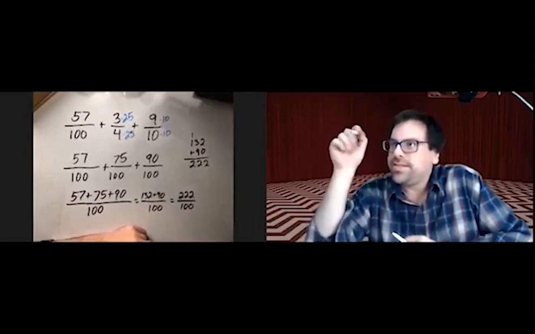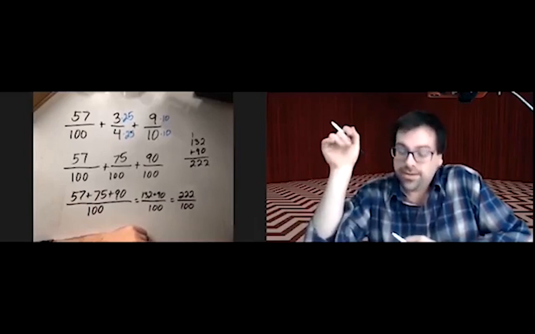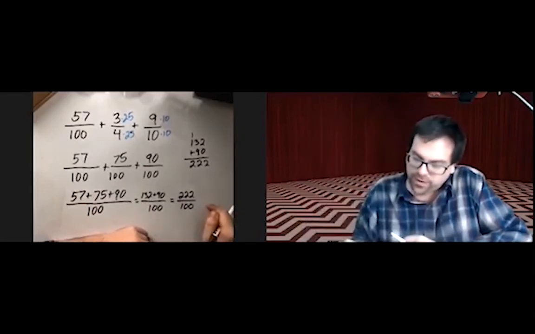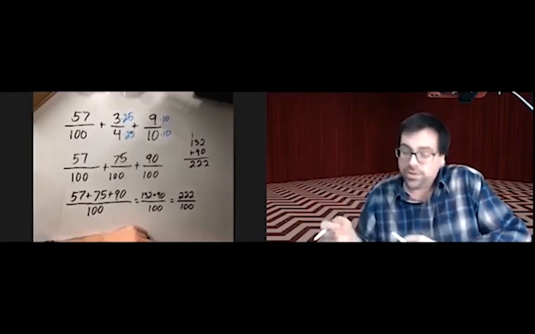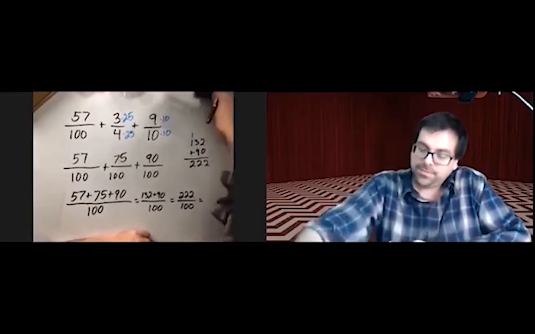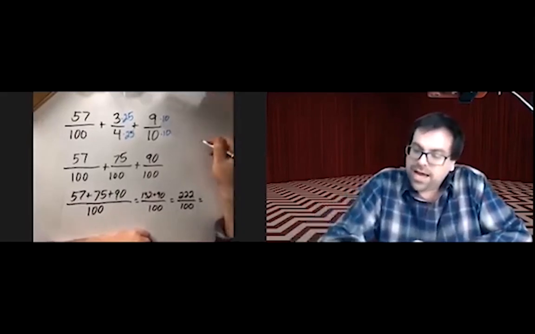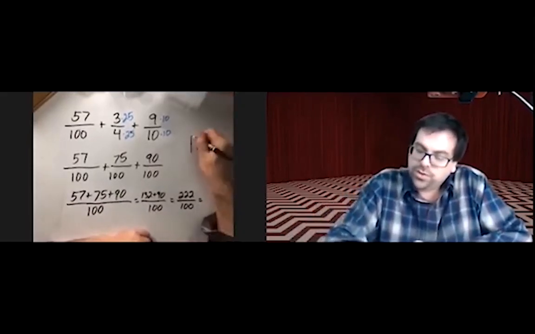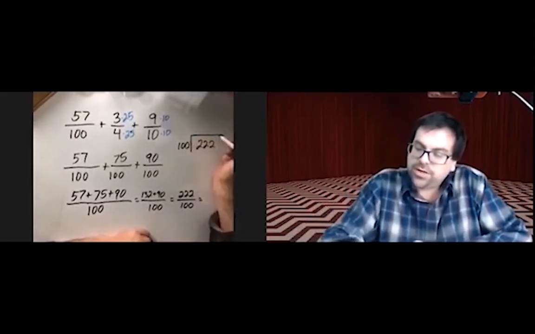If it specifically says that a mixed number can be put in and we get an improper fraction, it will only accept a mixed number. So we have to divide 222 divided by 100.